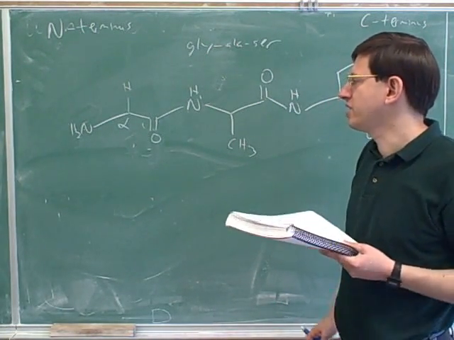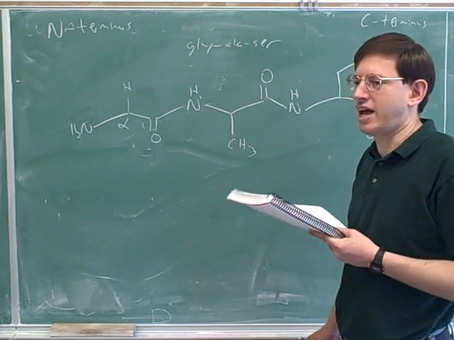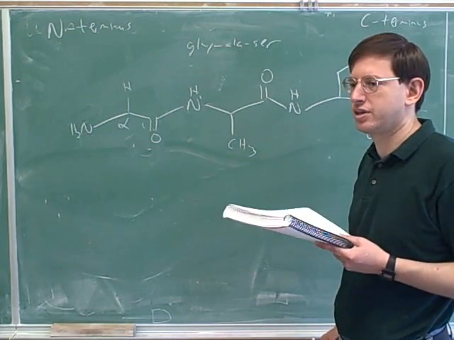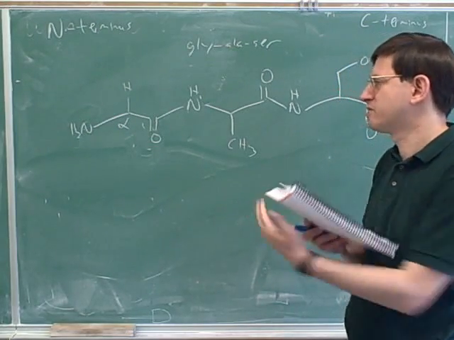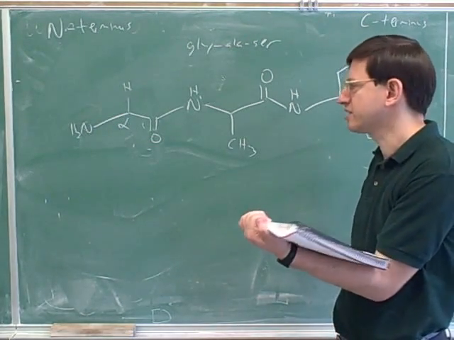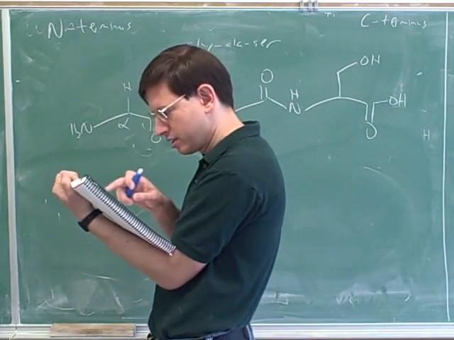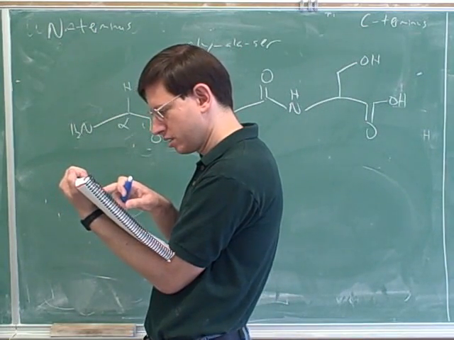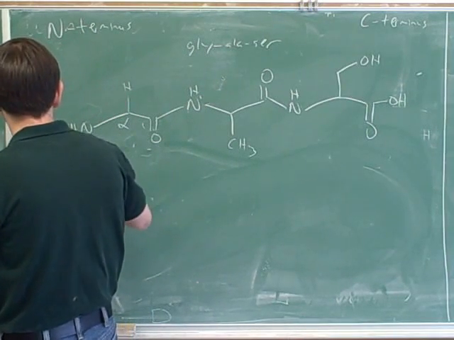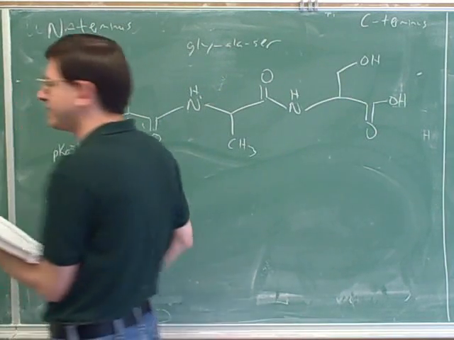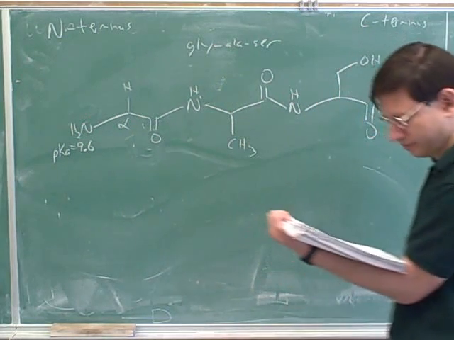Is the main chain nitrogen here something that can go through acid-base reactions? For glycine, do we need to worry about the acid-base properties of the nitrogen? Yes. So what's its pKa? It's 9.6. So I'll write down that 9.6.